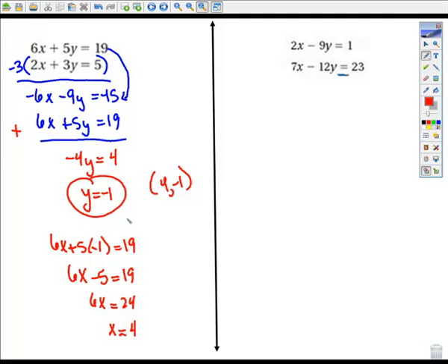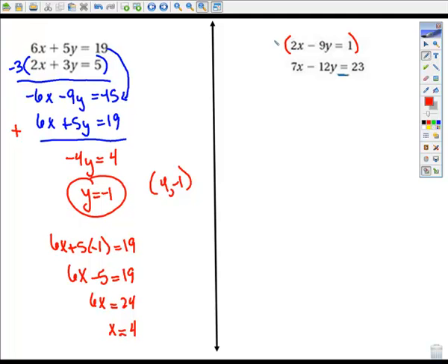In some cases you're going to find that neither coefficient is a multiple of the other, like right here. So when I do that, I would like to try to find the least common multiple, and I generally look at the smaller numbers. So I'm going to gravitate towards the 2 and the 7, and the least common multiple here is a 14.